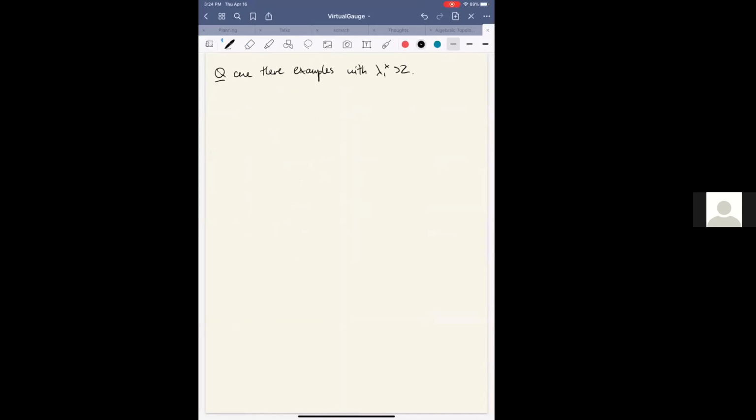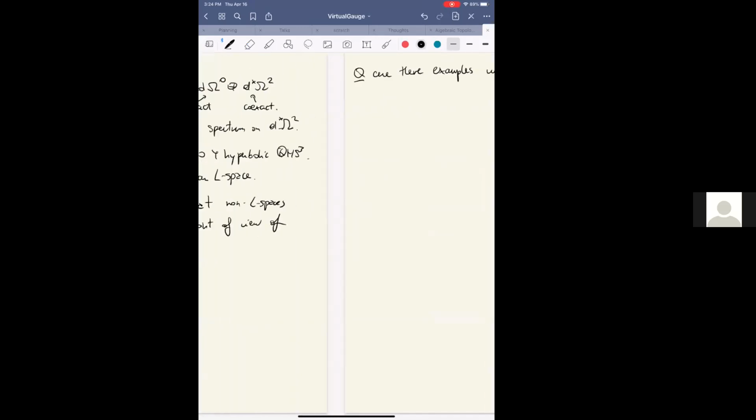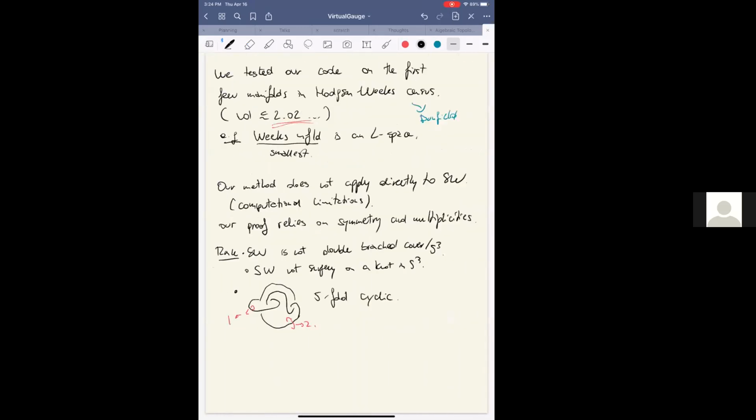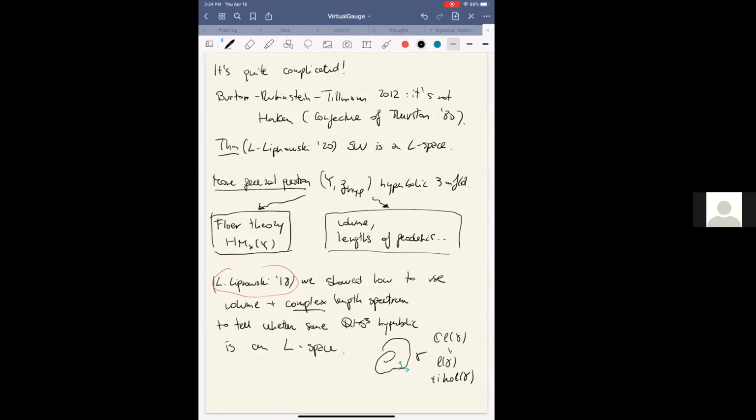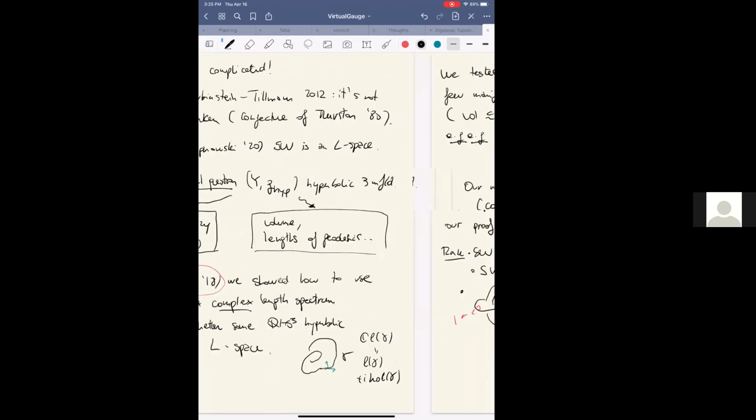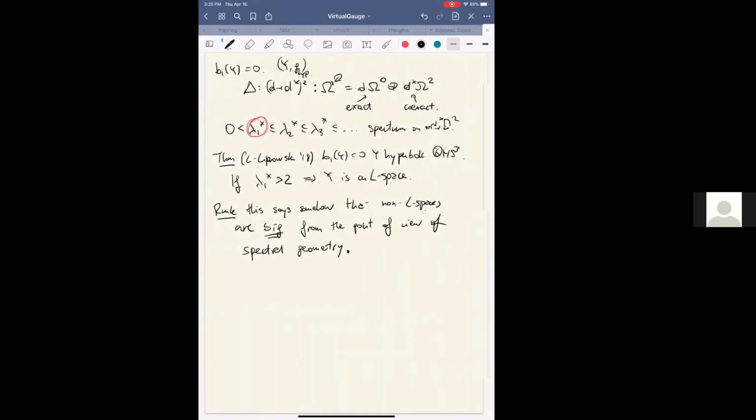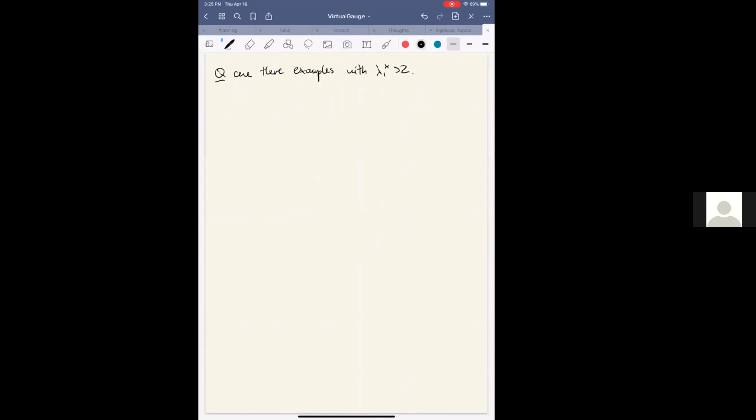Okay, and I don't know if you remember, our original goal was to somehow relate hyperbolic geometry with Floer theory. So far we related it with spectral geometry, and it turns out there is this very cool relationship between spectral geometry and hyperbolic geometry.